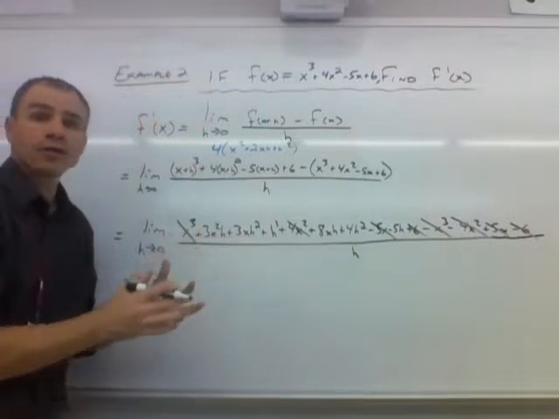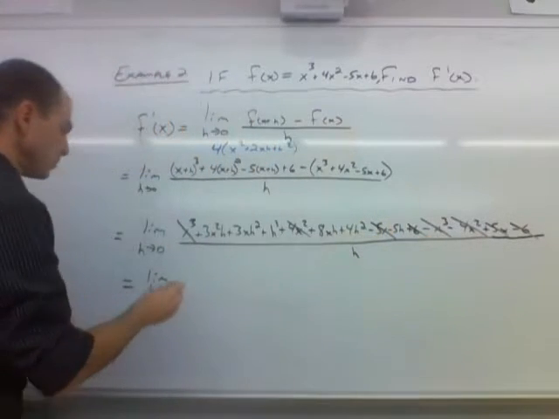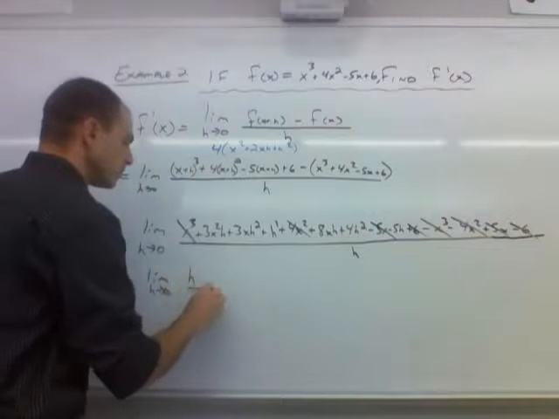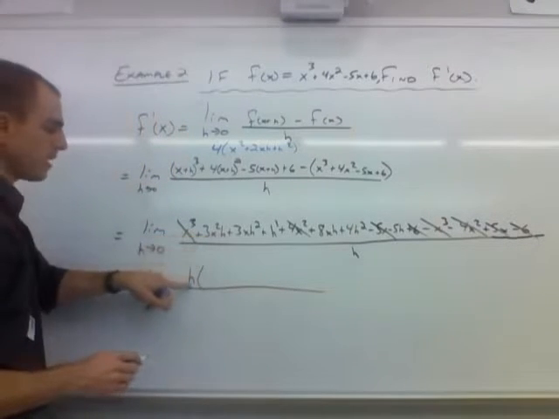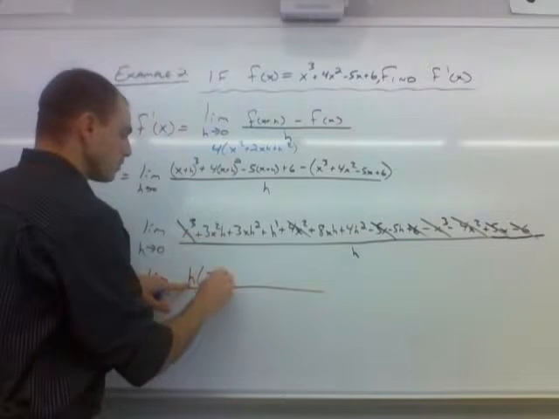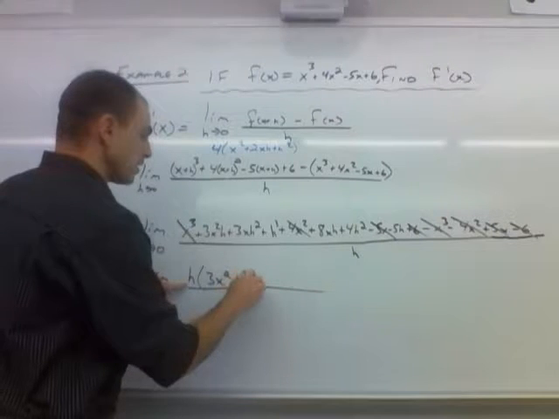So since all the terms remaining in the numerator have an h, let's factor that h out. And I'm going to write the leftovers. 3x squared h divided by h is 3x squared. 3xh squared divided by h is 3xh.